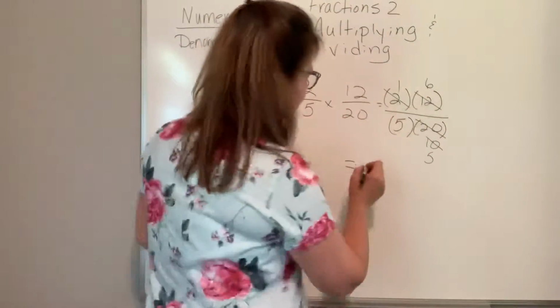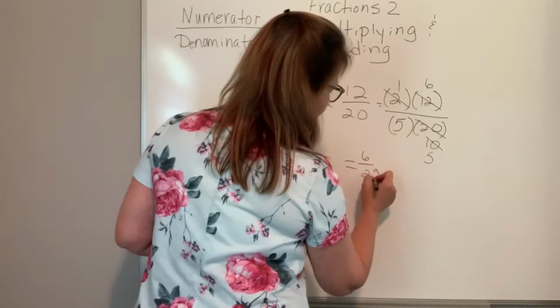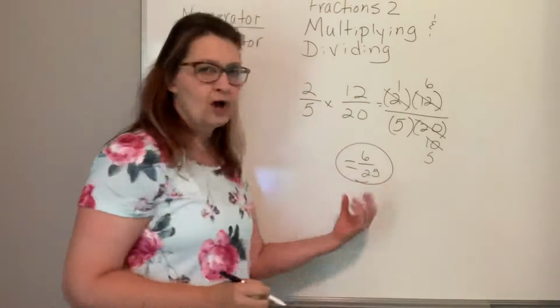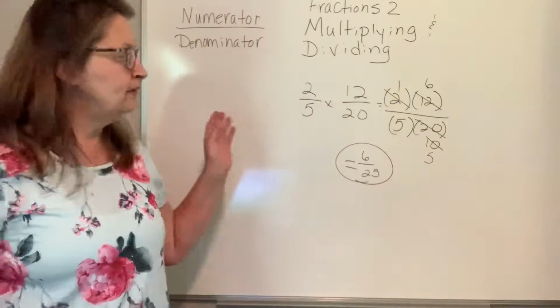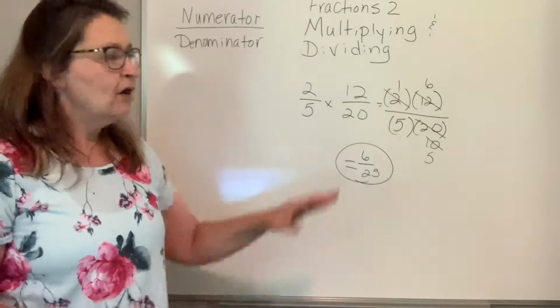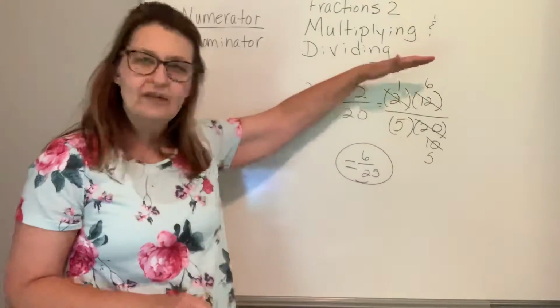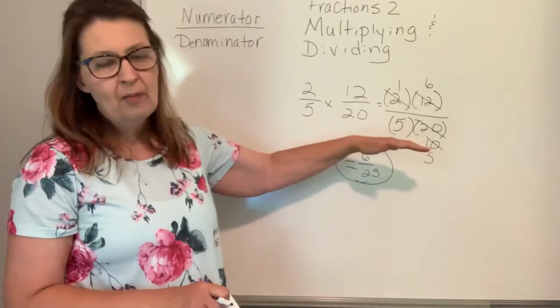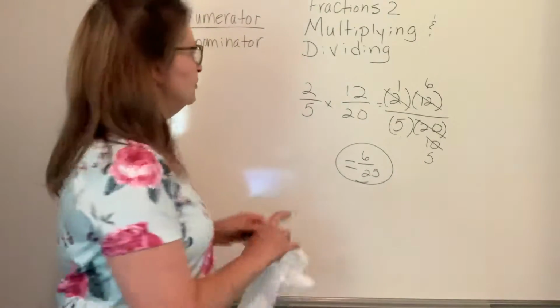And then 1 times 6 is 6. This 5 times this 5 is 25. So here's your answer already in reduced form. You can do it the other way, multiply straight across and then reduce it down at the end. That's fine. Or you can start to pick and choose. Just be sure that you are dividing one of the top numbers and one of the bottom numbers by the same number every time. Okay, don't lose any.